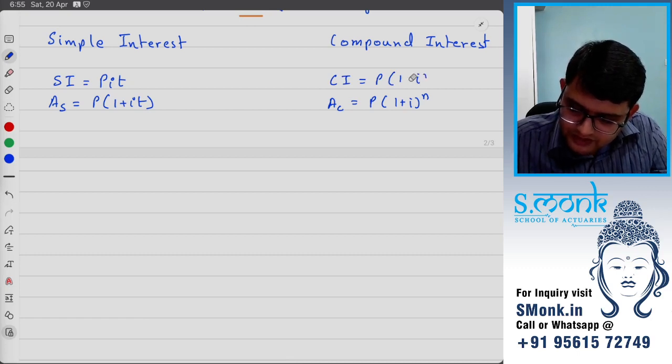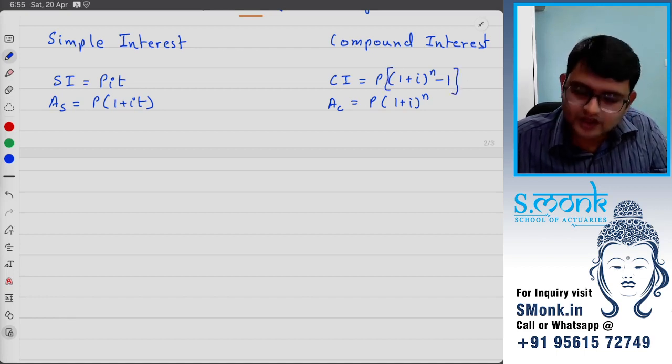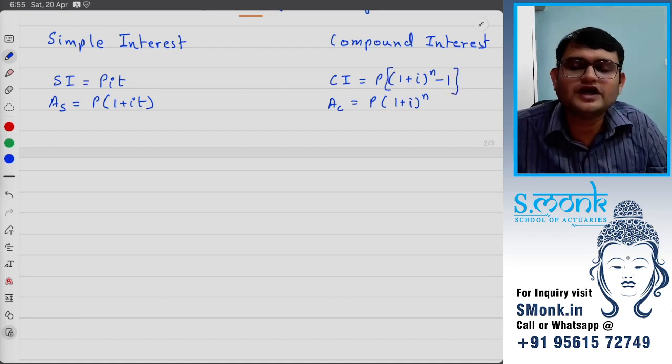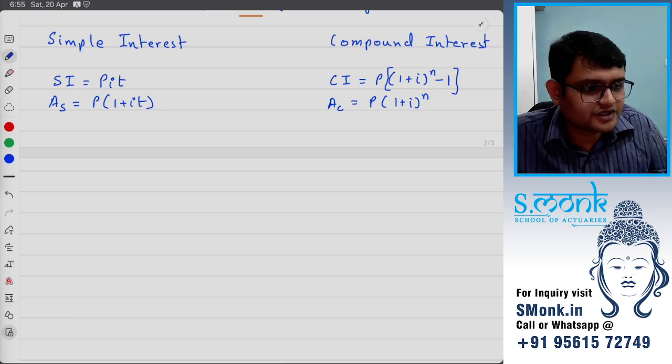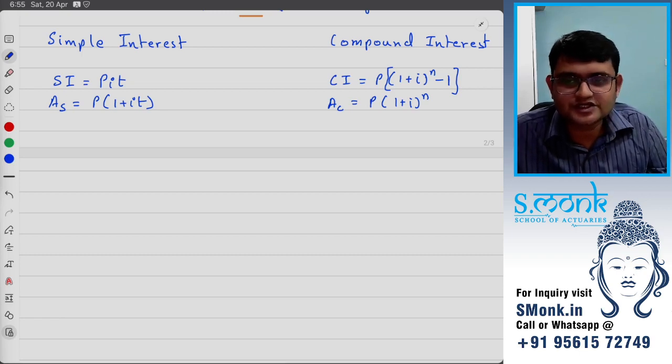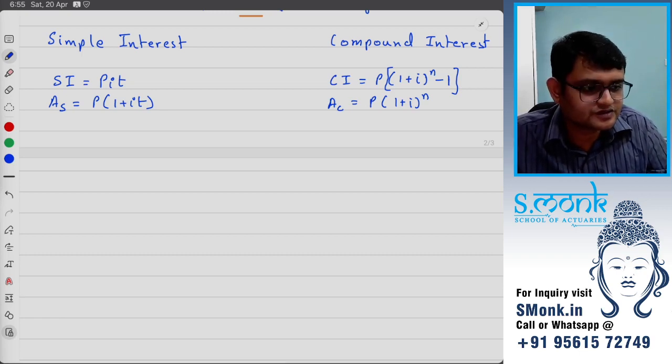So P into ((1 plus I) raised to n minus 1). This is going to be my compound interest, the amount that I will get as interest. Anybody has any problem here? Simple interest formulas and compound interest formulas.